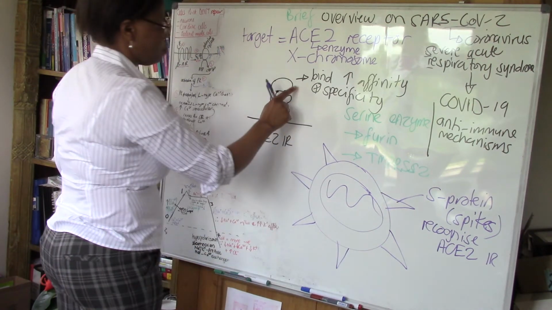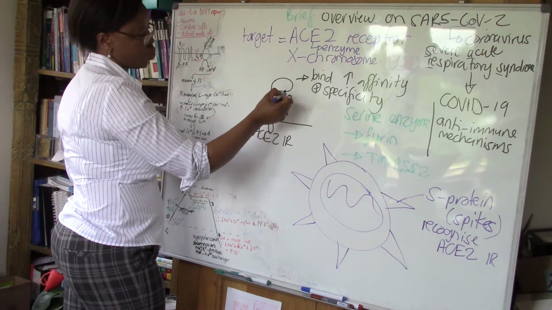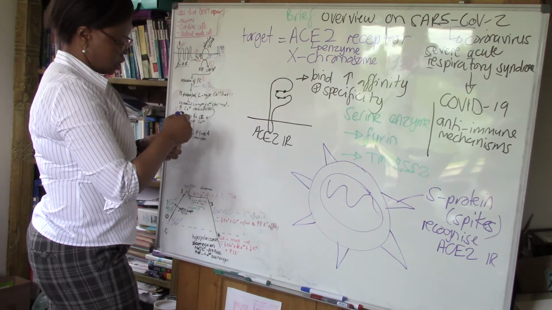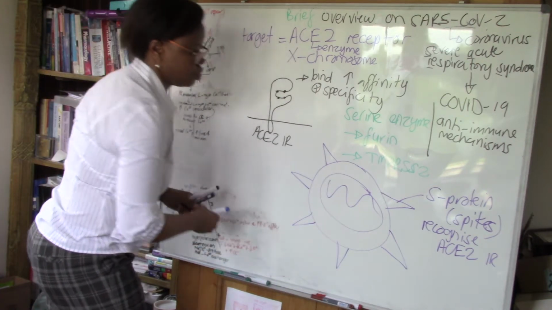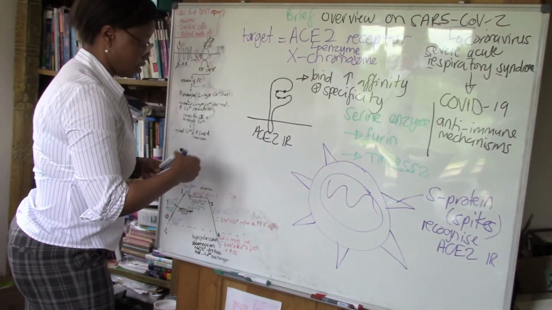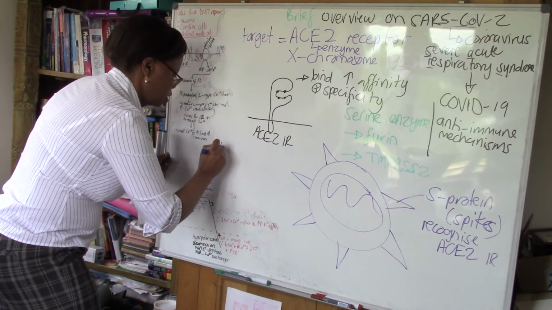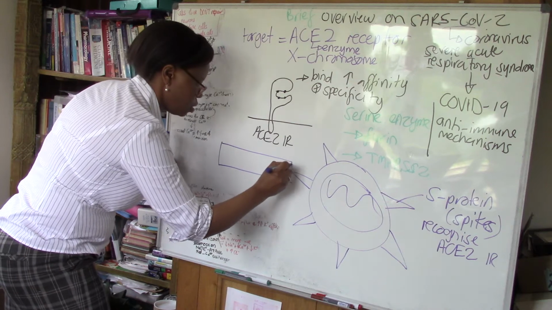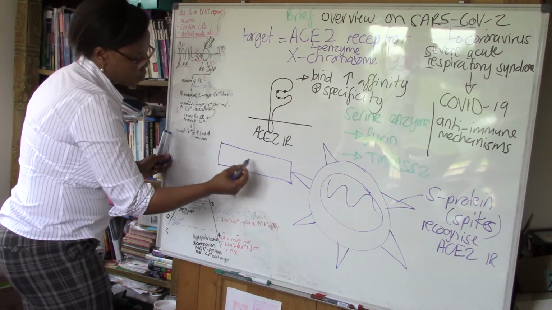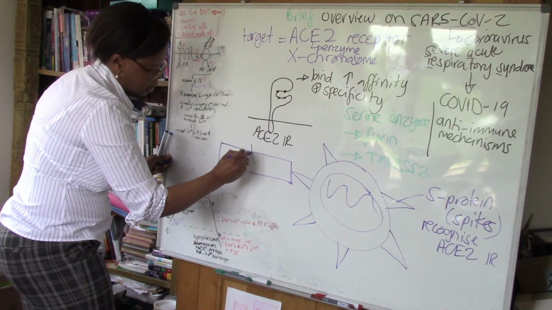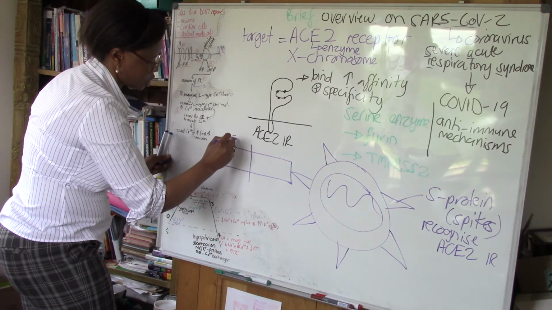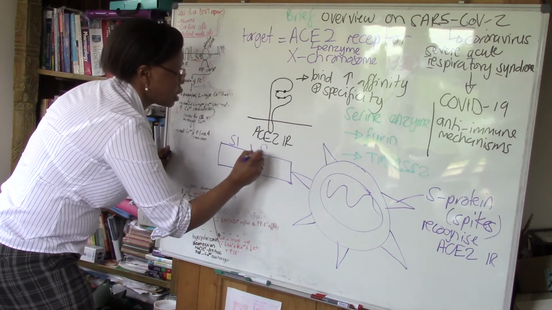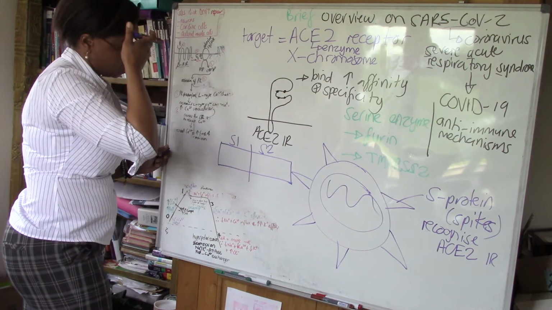And once it is bound to the ACE2 receptor, it essentially looks something like this, really. If we were to take one spike and open it up, it's made of two subunits. The subunit which is called S1, really because it's an S protein, and another subunit which is called S2.